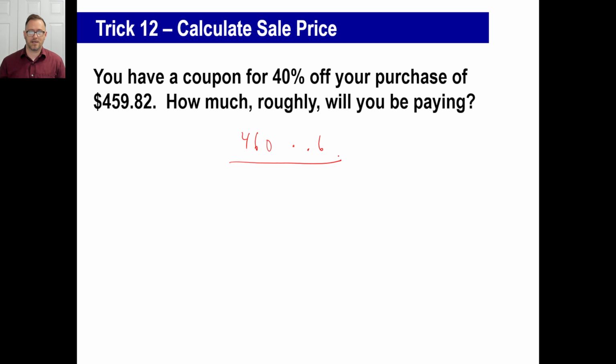Train yourself to think 46 times 6. What is 46 times 6? 40 times 6 is 240, and 6 times 6 is 36. So you're paying $276 for a giant sign that says, bless this messy home, or whatever they have in there.